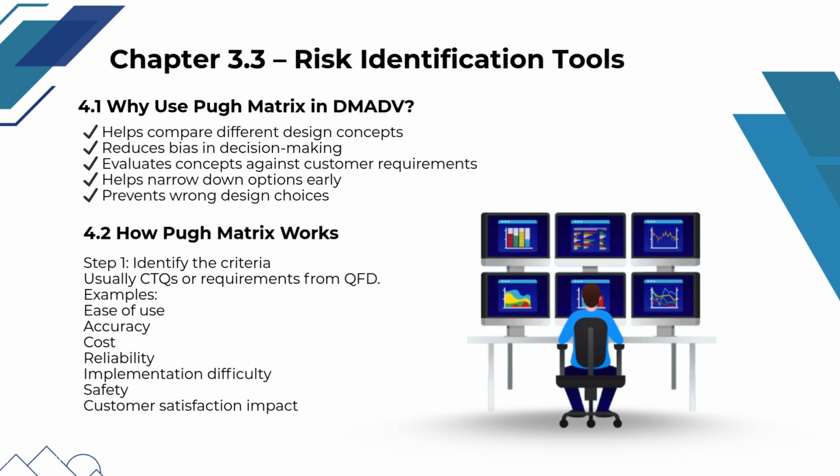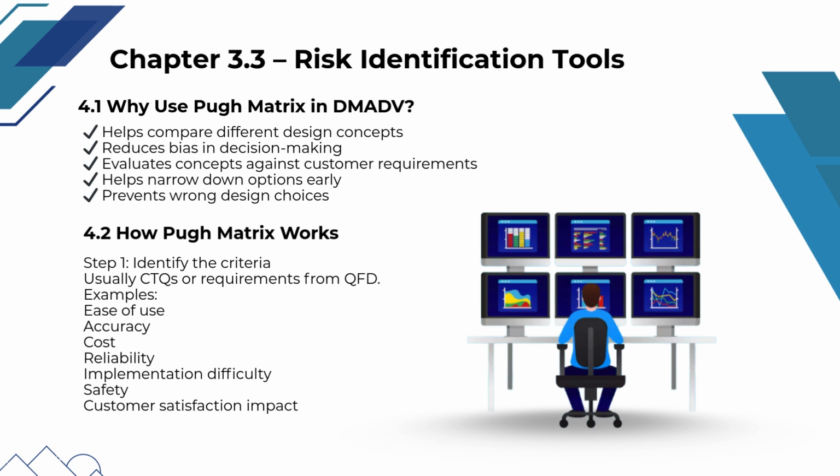The process begins by identifying the evaluation criteria, often derived from CTQs or requirements captured through QFD, and then scoring each concept relative to a baseline to visualize strengths, weaknesses, and trade-offs, guiding the team toward the most promising solution for further development.